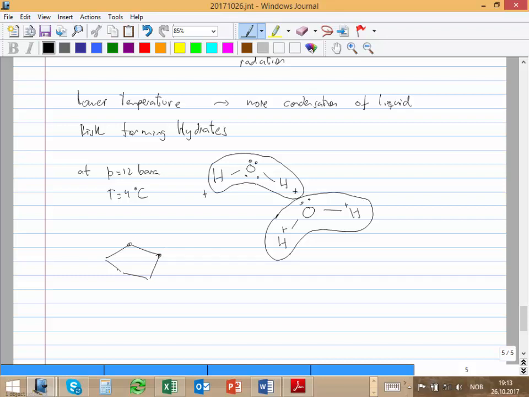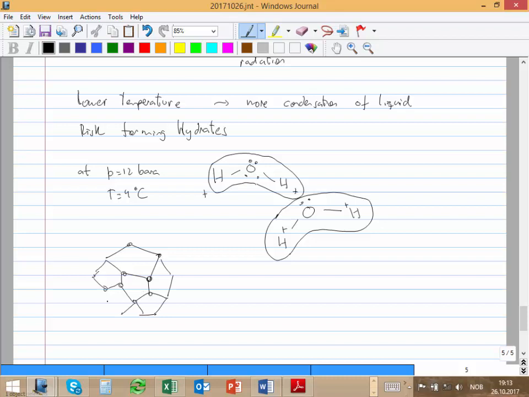Something like this. It's very difficult to draw. So these are oxygen, oxygen, oxygen, and it forms a structure in a special shape.